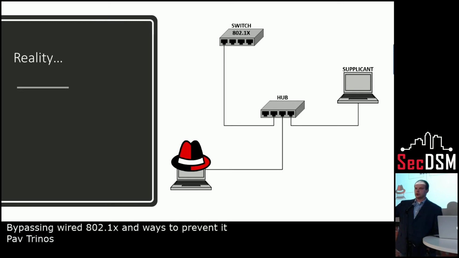You have 802.1x, and if it fails, and it has to fail for a certain number of devices, your access points, your printers, your VoIP devices, the dumb devices that cannot do 802.1x, they're not smart enough, it has to fall back to MAC address bypass.